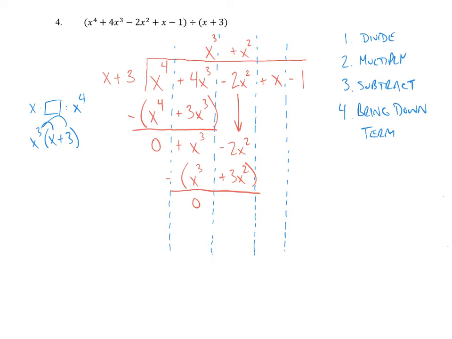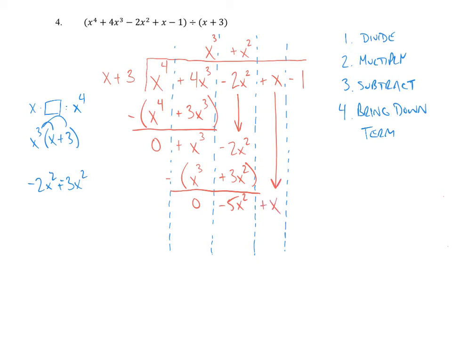Negative 2x squared minus 3x squared. I'm going to write that off to the side. Negative 2x squared minus 3x squared. Now I can do keep, change, change, and I can look at this as a negative 2x squared and then another negative 3x squared for a total of negative 5x squareds. So we get negative 5x squared there, and we have to bring down our x term.